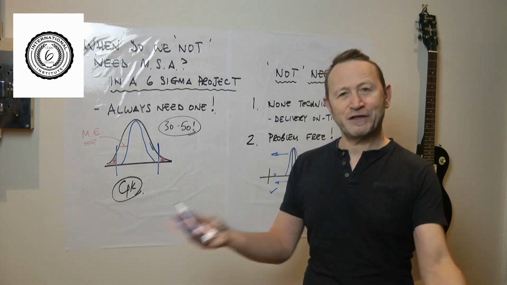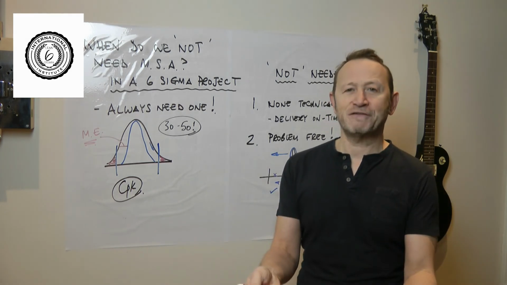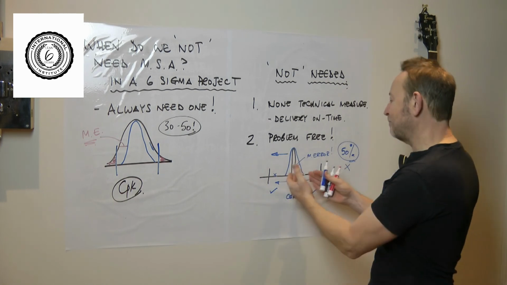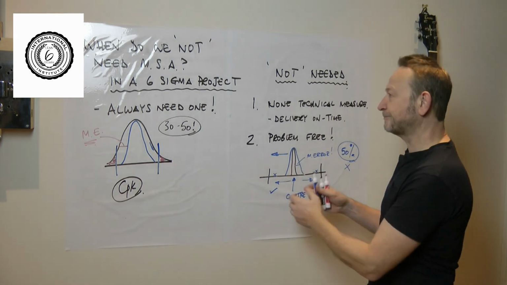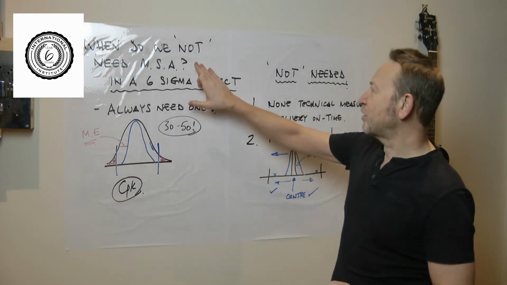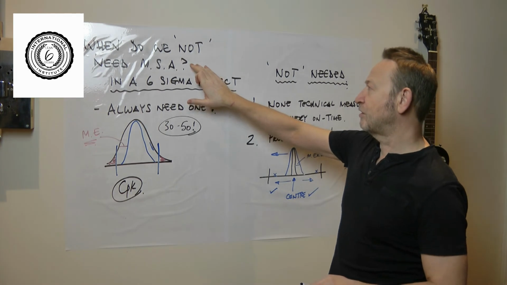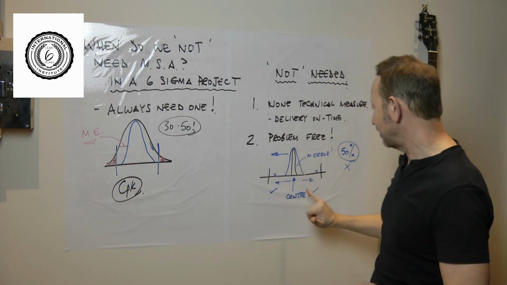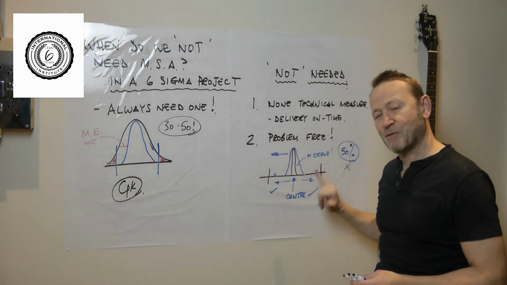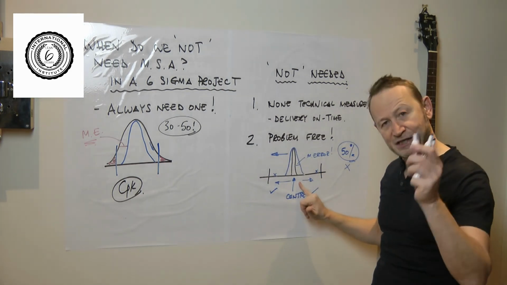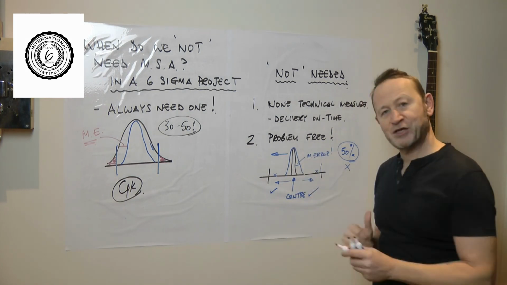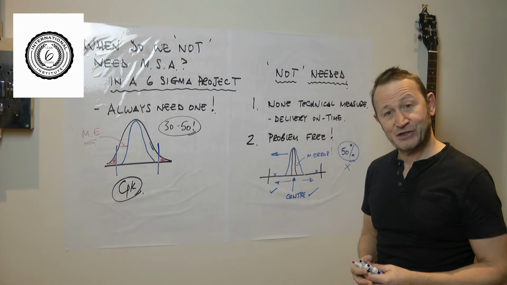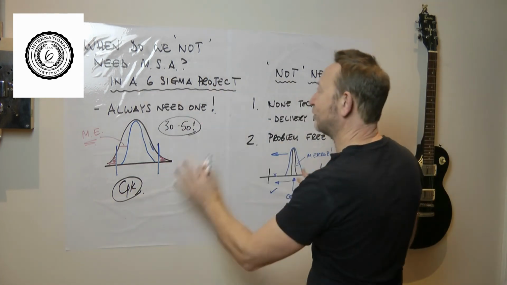It's actually perfectly okay for the manufacturing process that I'm using it on, because the capability is so good. So one of the answers to your question, Sadiq, when do I not need an MSA? Well, you don't need an MSA when your capability is so good that your measurement error is no longer causing you a problem. Okay, so that's the answer to the question.